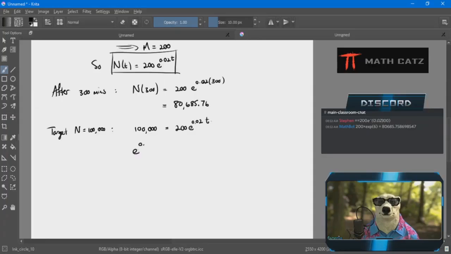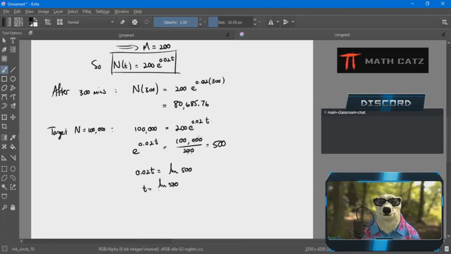So e to the 0.02t equals 100,000 over 200, which you can leave like that, or you can simplify it. In this case, it's going to be 500. So that means that 0.02t equals natural log of 500. So t equals natural log of 500 over 0.02. Let's calculate that.